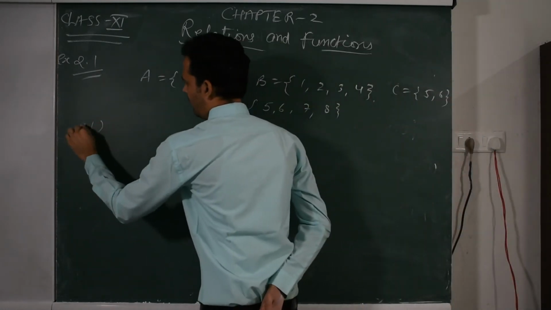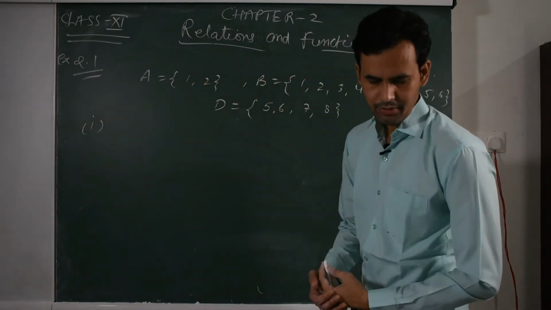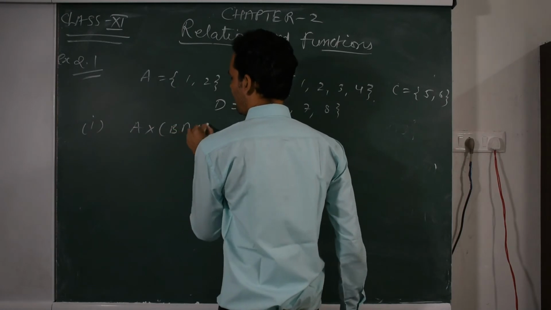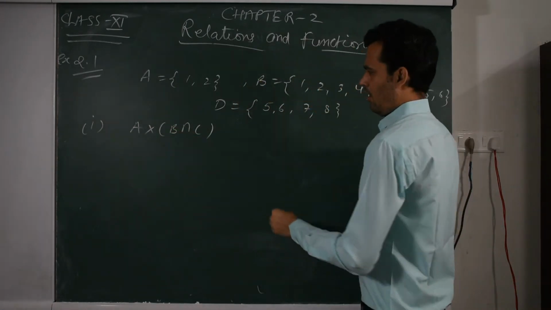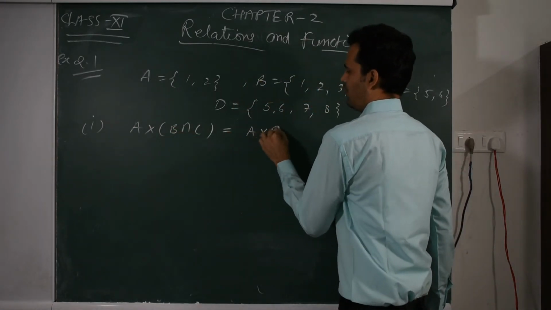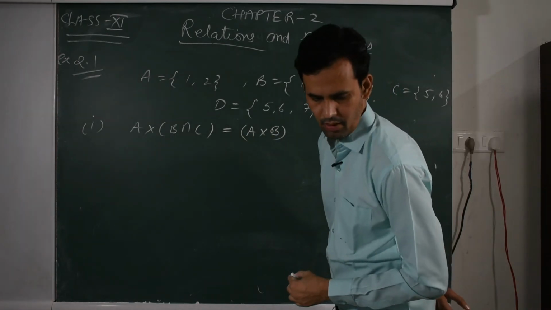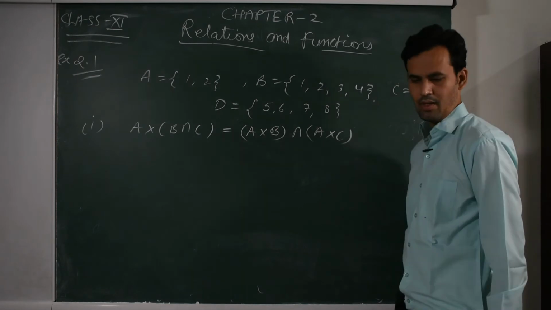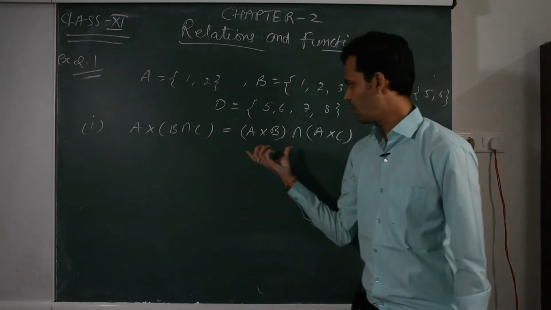So first we have to find A cross (B intersection C) equals (A cross B) intersection (A cross C). Okay, we have to find whether this equals this.